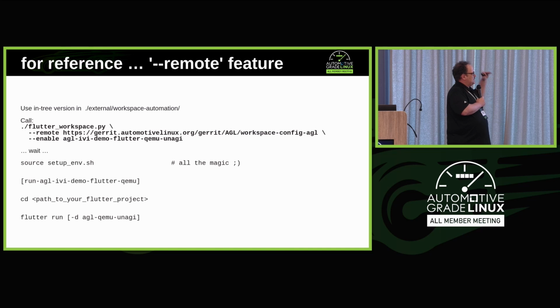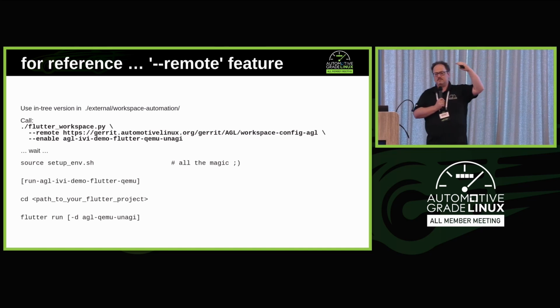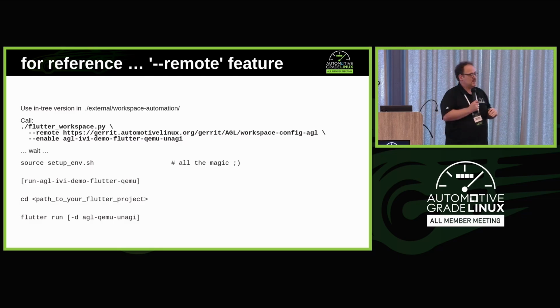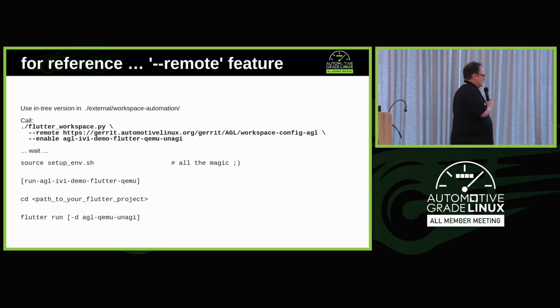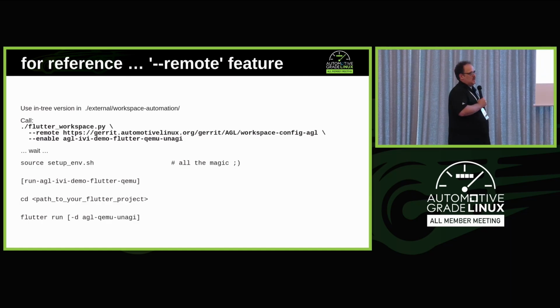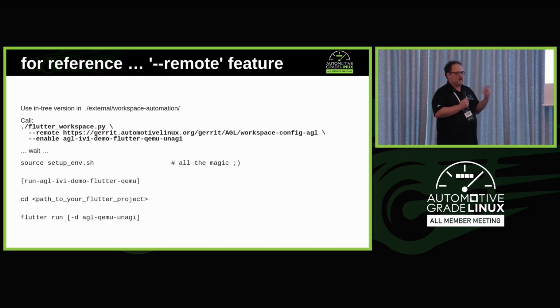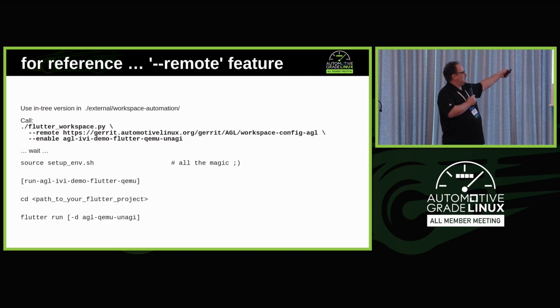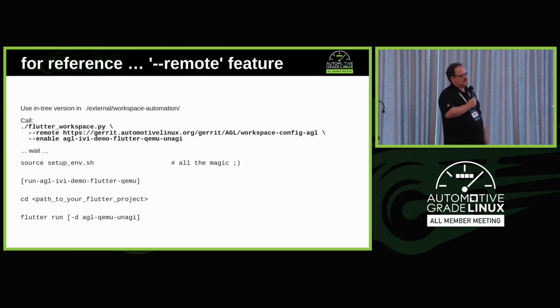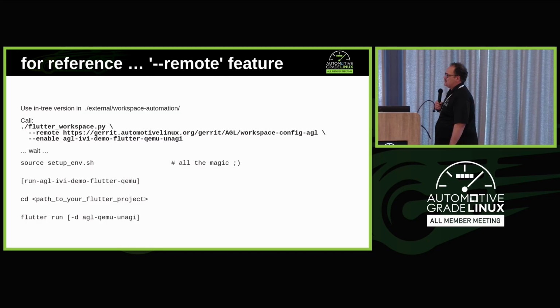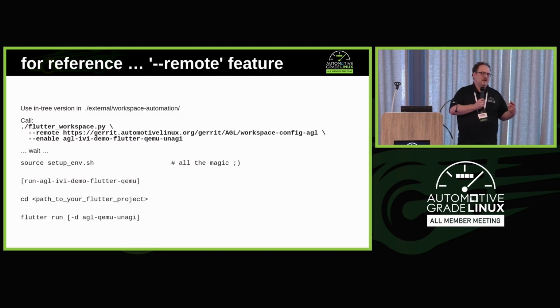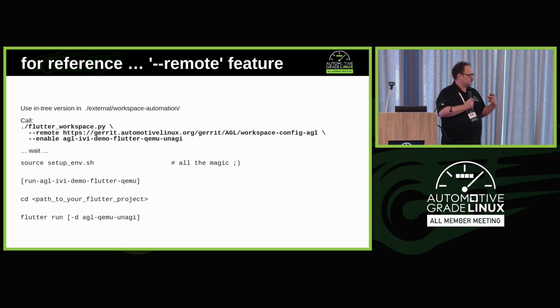So Flutter Workspace, once called, will do a lot. Install all the prerequisites, pull all the artifacts that are needed. So that will take a while. In the end, all the magic is hidden in the config subfolders, and we set up the environment with setup env. This contains all the magic to make a Flutter environment available.